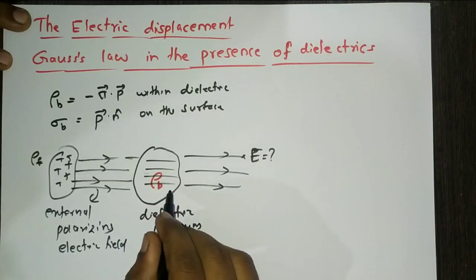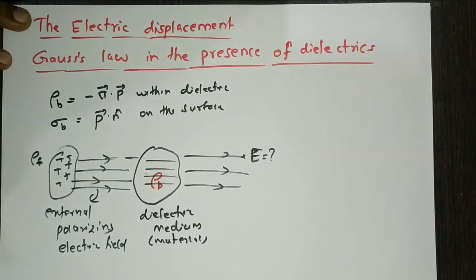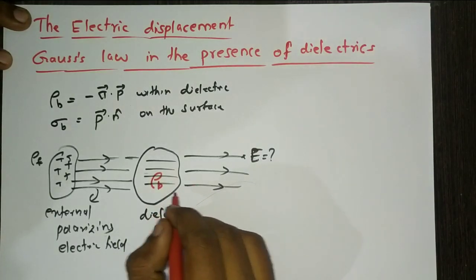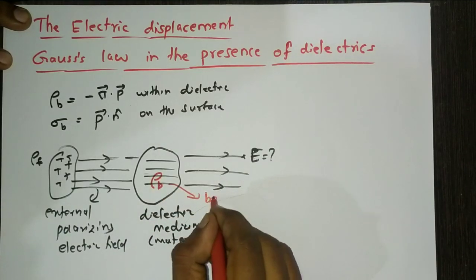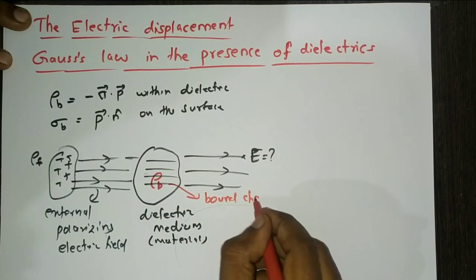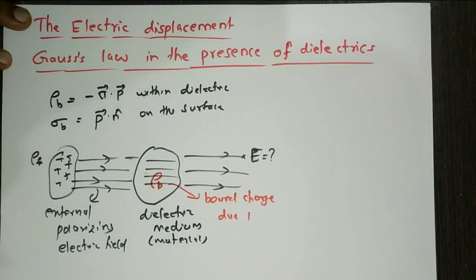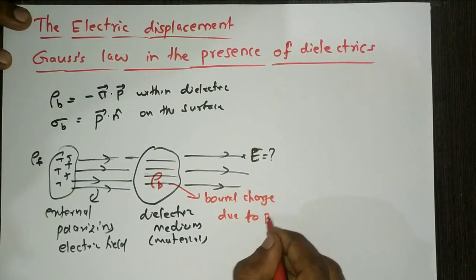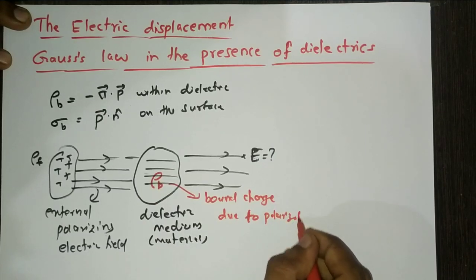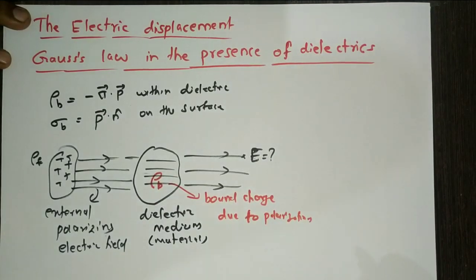This rho b is the bound charge due to the polarization.